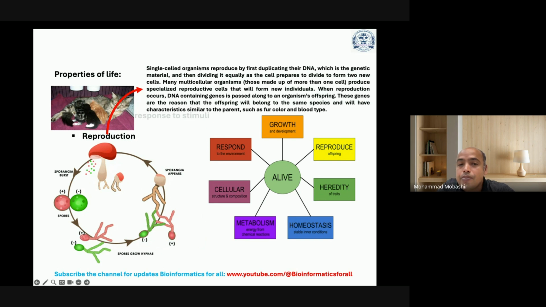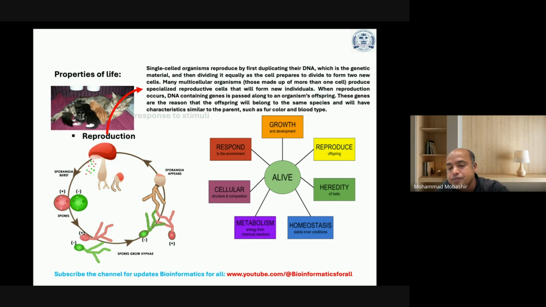Now, many multicellular organisms could produce specialized reproductive cells that will form new individuals or organisms. When reproduction occurs, DNA containing genes is passed along to an organism's offspring. These genes are the reason that offspring will belong to the same species and will have similar characteristics, such as the color, blood type.